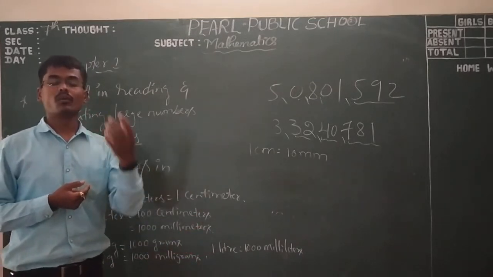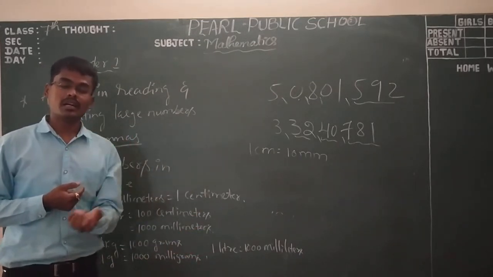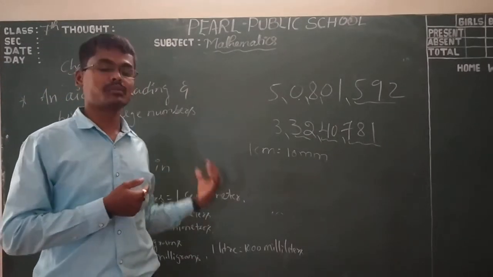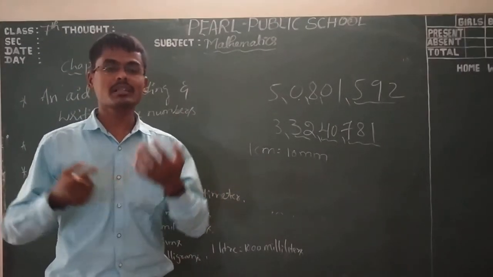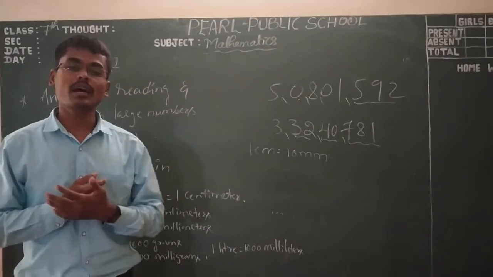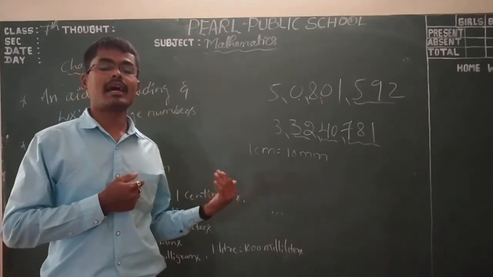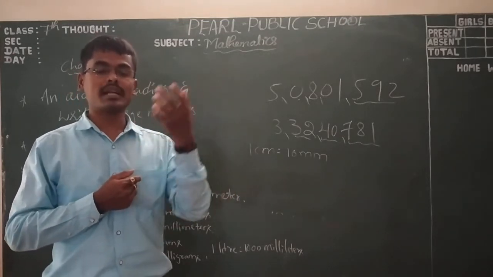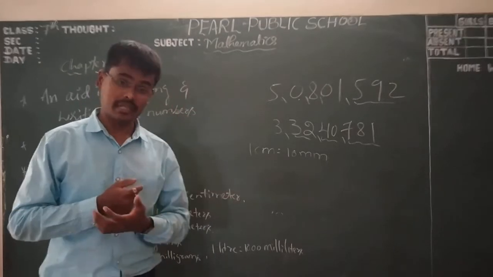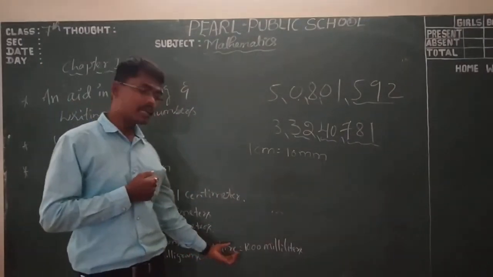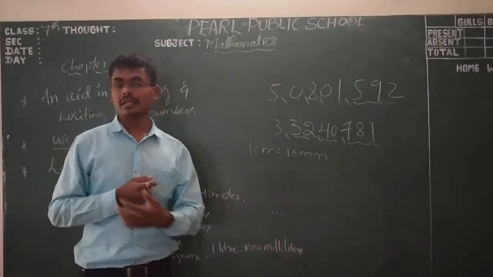For example, while measuring quantities like gold or ornaments, we use grams and milligrams, because that is our practice. Instead of kilograms, we use grams and milligrams for measuring valuable quantities like gold. Again, one more: 1 liter equals 1000 milliliters.